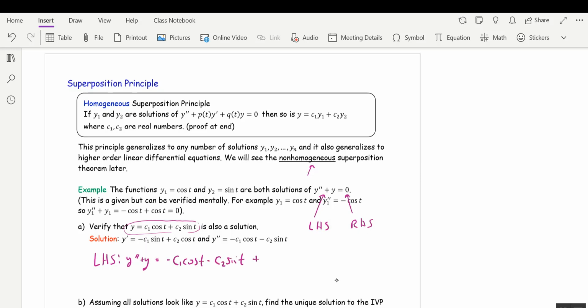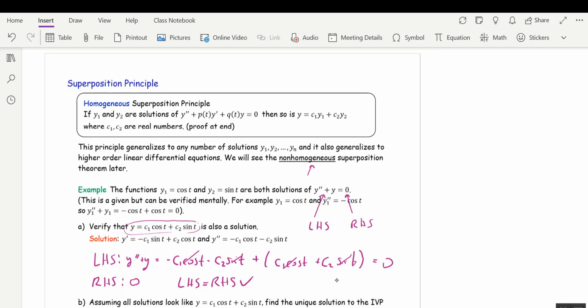And then I'm going to add on y, which is c1 cosine t plus c2 sine t. Then I simplify and these terms cancel and these terms cancel, and I get 0. The right-hand side is 0. So the left-hand side equals the right-hand side. So indeed, I do have a solution.